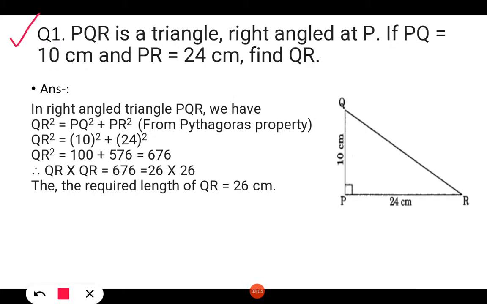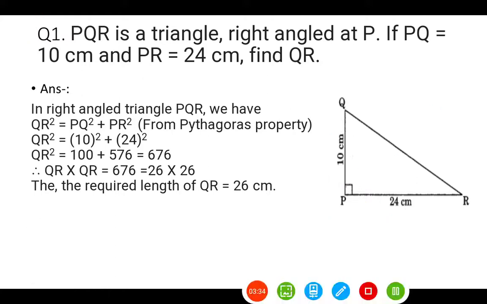In this question we have PQR is a triangle right angled at P. If PQ is 10 centimeter, PR is 24 centimeter, find QR. Means here we have to find hypotenuse QR. Here QR is opposite to right angle, so it is hypotenuse.